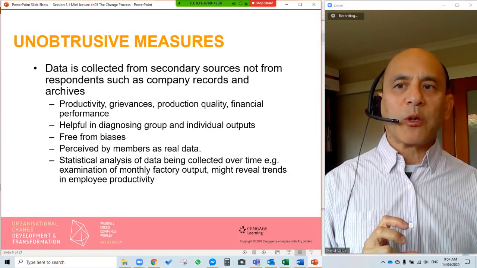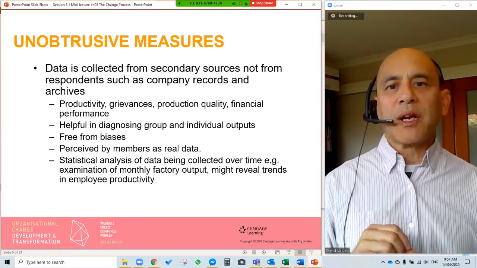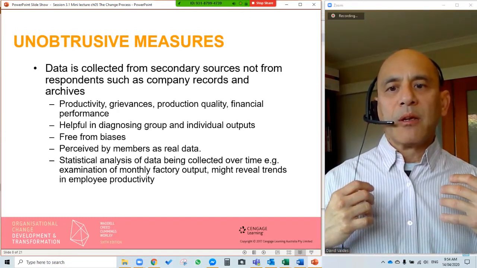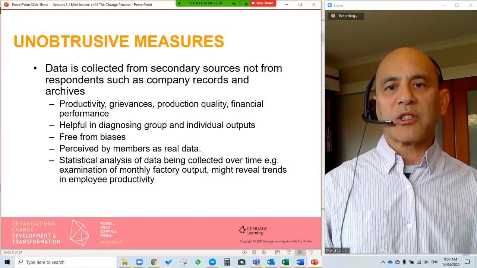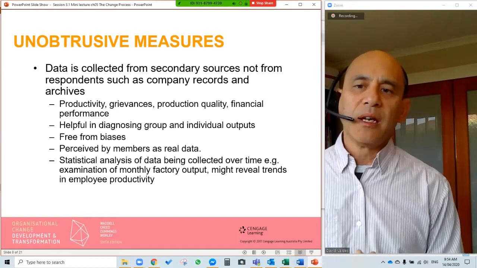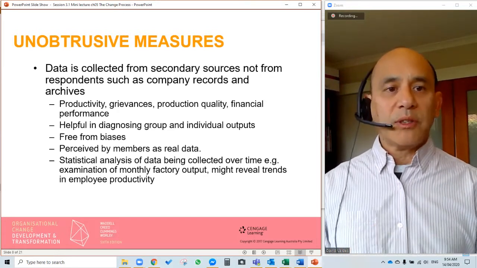Another method is what we call unobtrusive measure. So in this particular case, we're not necessarily having a direct observation of the processes within the organization, but instead we're looking at data. We're looking at sales reports, productivity reports.